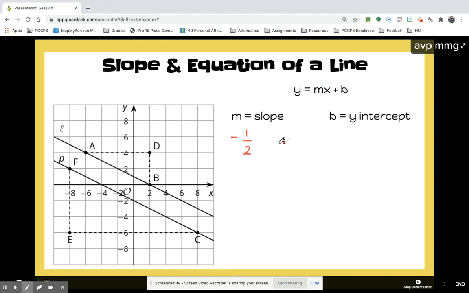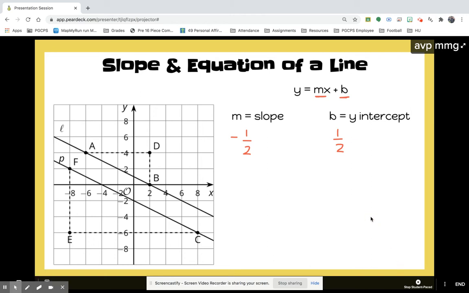That will be my M. And my B is at a positive 1/2, right? And I can kind of see it from the line. That's just how I recognize what it is. So M stands for slope, and B is my y-intercept. And that's how we kind of start our problem for an equation of a line, right?